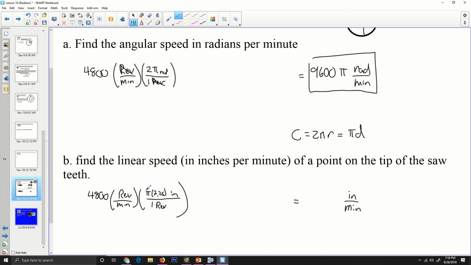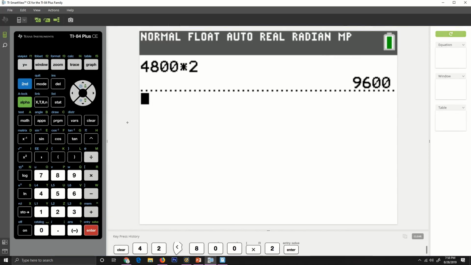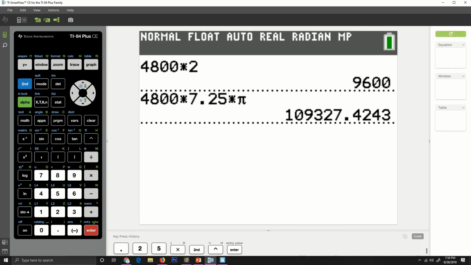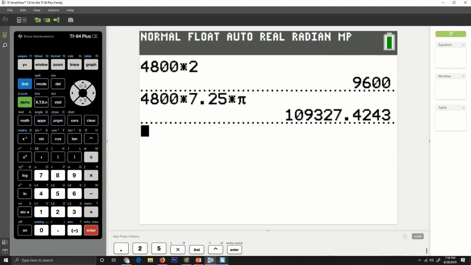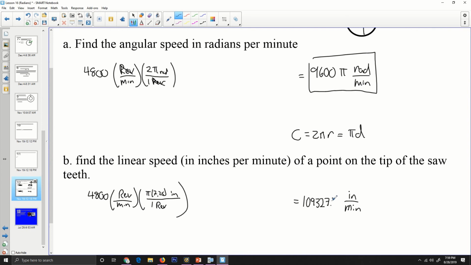It's 4,800 times pi times 7.25, and we get 109,327.424 inches per minute. And that's what we'll have.